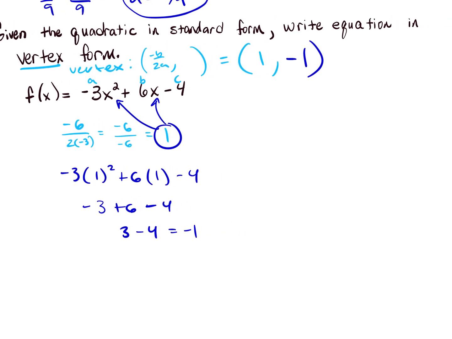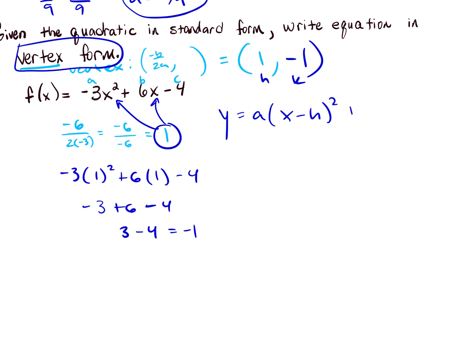That's it? Nope. We have to plug it into vertex form. So we need to know our vertex. That's our h and k. Our vertex form is y is equal to a times x minus h squared plus k. So I can plug in my h and k, but I also need to know my a. How do I find my a? Oh, it's negative 3.